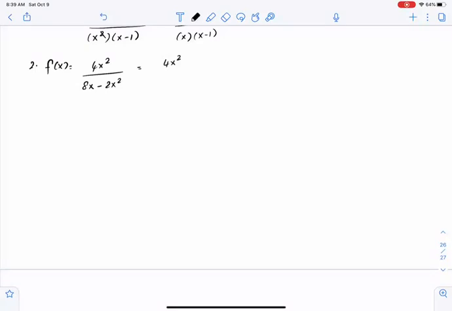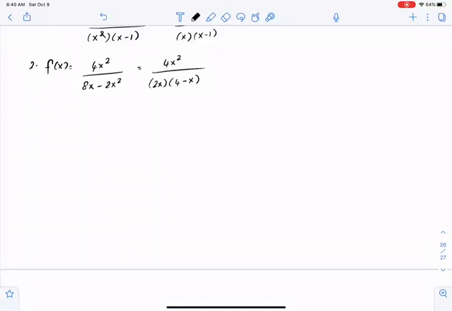Numerator, nothing to factor there, so I'm going to keep as is. Denominator, there is a 2, there is an x, that's in common. So if I pull 2x out, I would simply have 4 minus, I get 2x out, so that would leave me with x.